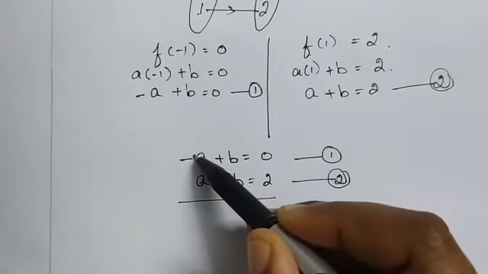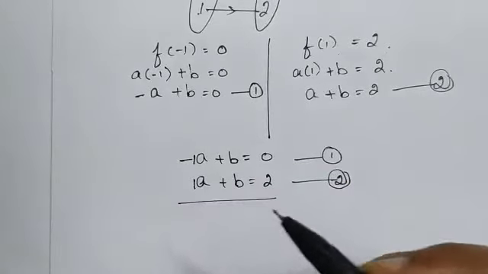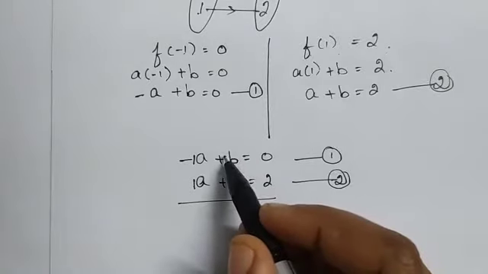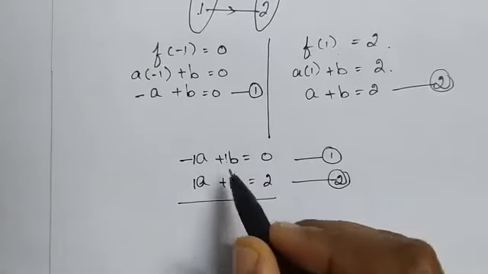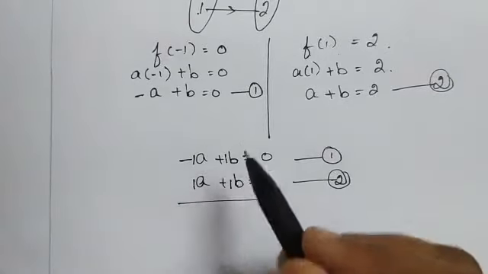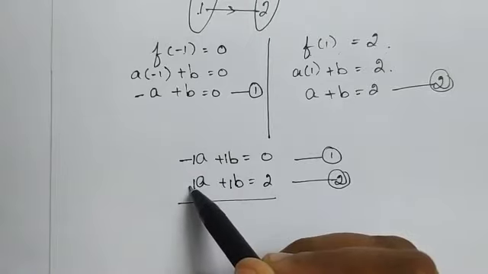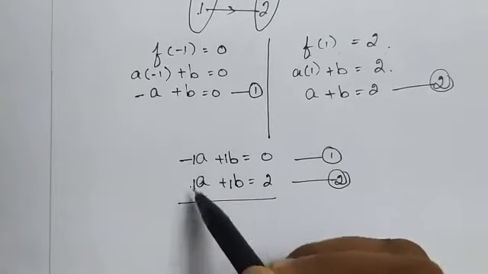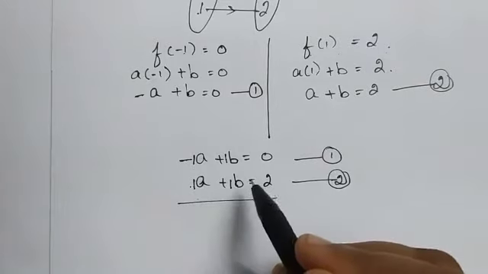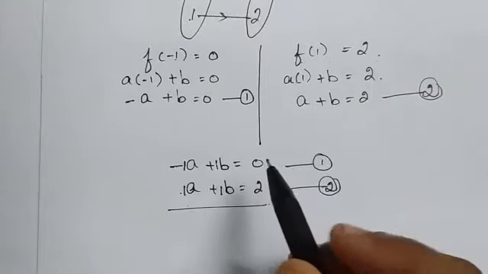Here minus 1, here 1. The coefficient of b is here also 1, here also 1. Therefore, both the coefficients are equal. Now check the sign. Here minus, here plus. If you add minus a and plus a, you will get 0. Then you can find the value of b easily.